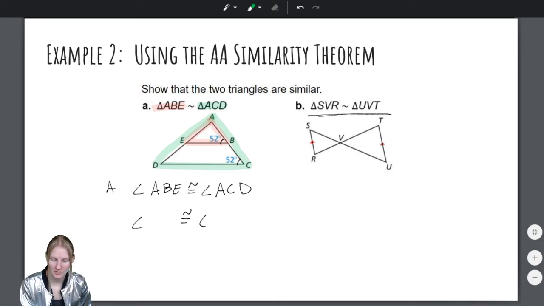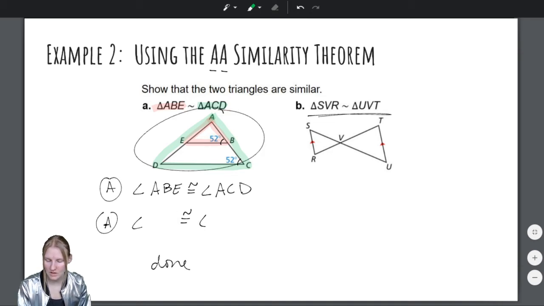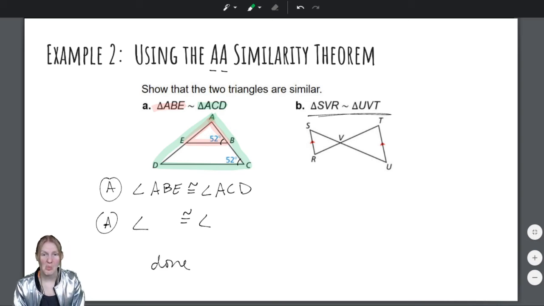If I can have 2 pairs of congruent angles, that is the AA similarity theorem, and then we're done. We know that the 2 triangles are similar if I have 2 pairs of congruent angles. So, looking at the red and the green triangle, can you find another angle that is congruent? Or 2 more angles that are congruent?